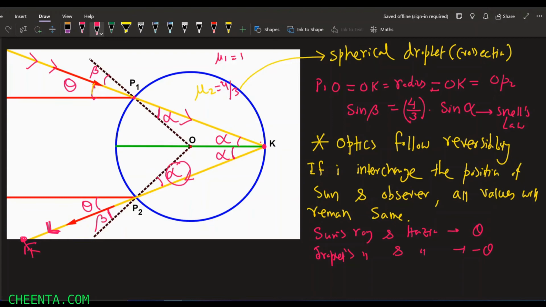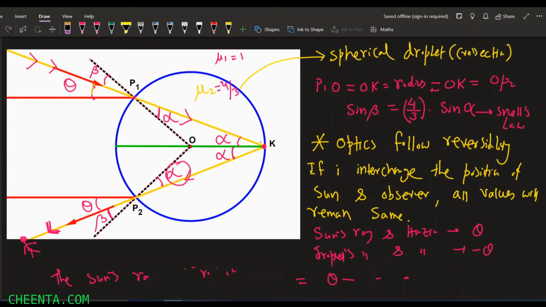So the angle between the sun's ray and the droplet's ray will be theta minus minus theta, which equals 2 theta, and this is the thing which we have to prove: that its value is 42 degrees when we can see the rainbow.